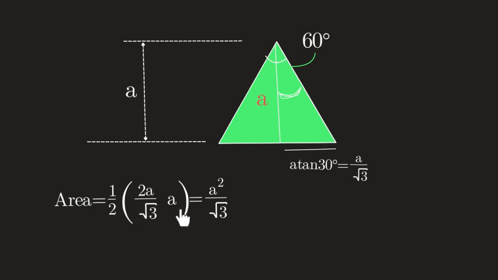Half base is twice of this side, so it is 2 times A by root 3, into height, that is A, so it is A square by root 3. I'll be using this formula again and again in this video, so please remember it. If we have an equilateral triangle of height A, then its area is A square by root 3.